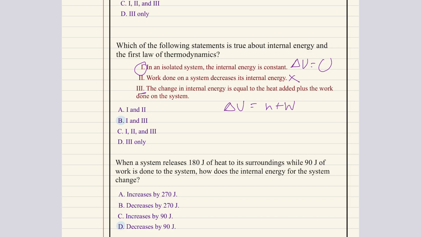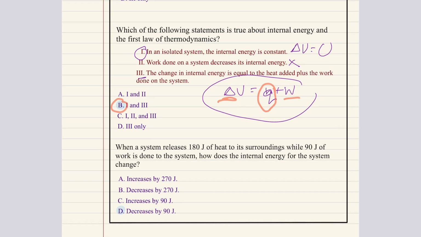This is exactly what the equation we covered earlier states. So this one is true. Once again, change in internal energy is equal to heat plus work. So since statements 1 and 3 are true, the correct answer is B.